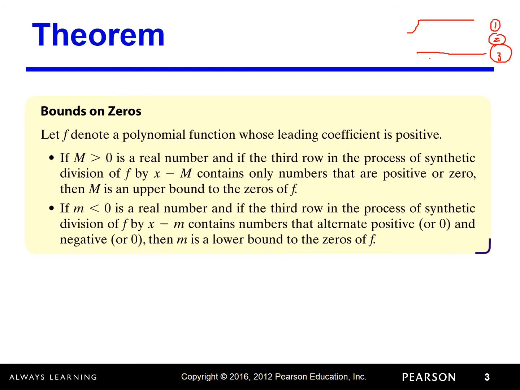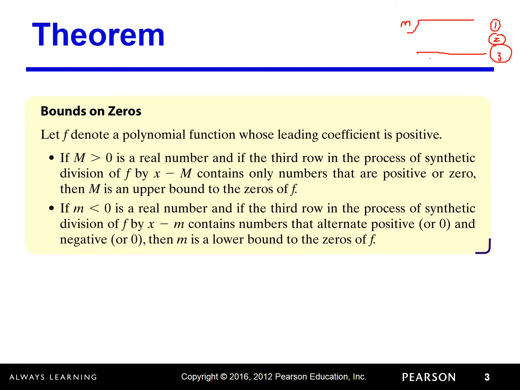That means there is no 0 that's greater than big M. On the other hand, if you have little m negative, that is less than 0, a real number, and if the third row of the synthetic division of f by x minus m contains numbers that alternate positive or 0 and negative or 0, so they alternate non-negative and non-positive, then little m is a lower bound to the zeros of f.